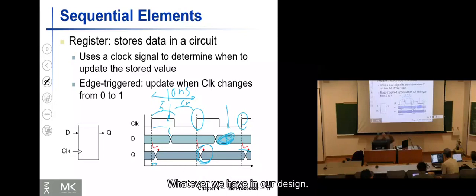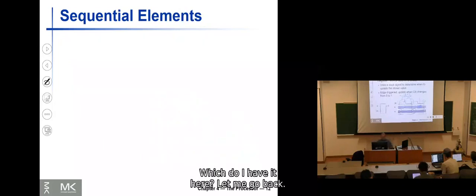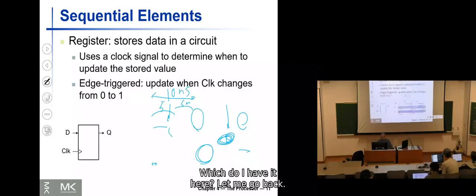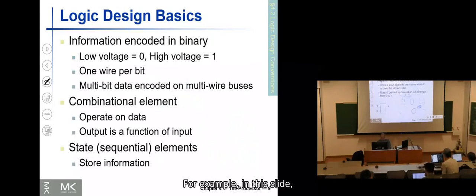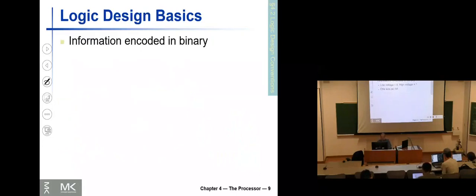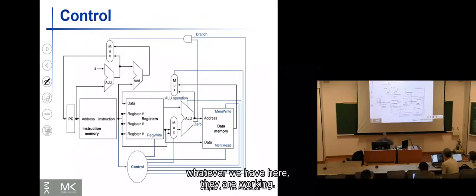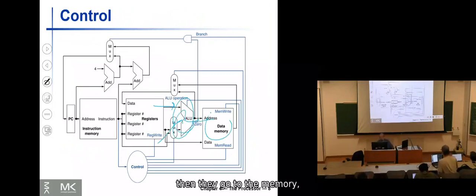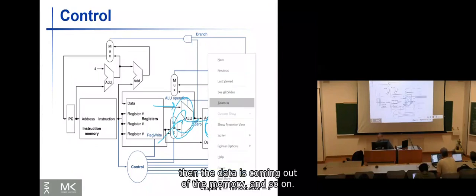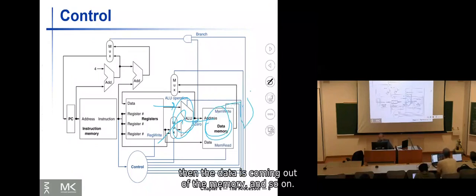Whatever we have in our design, let me go back, for example, to this slide. Whatever we have here, they are working. Something is coming here, something is coming here, they are added together, then they go to the memory, then the data is coming out of the memory, and so on. Everything is working, and everything is getting prepared.